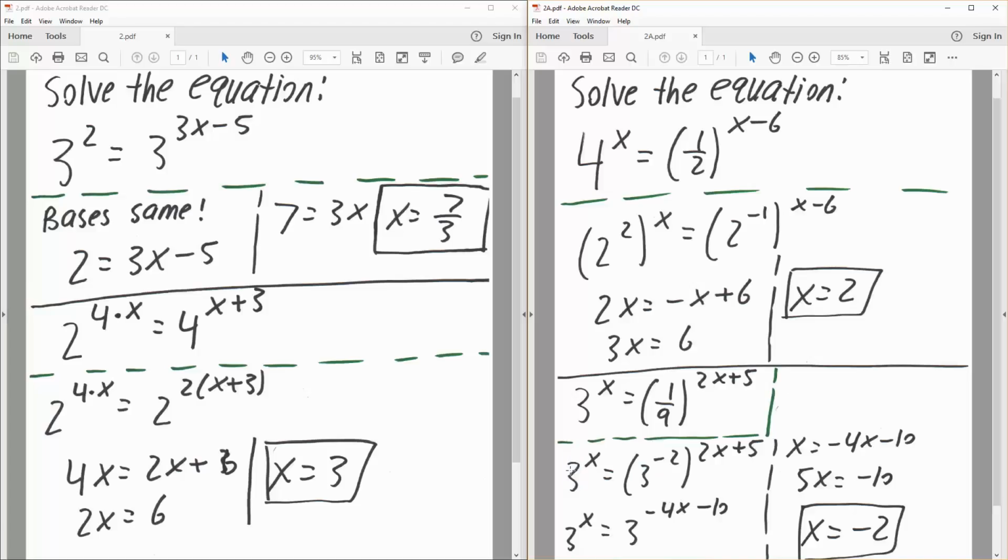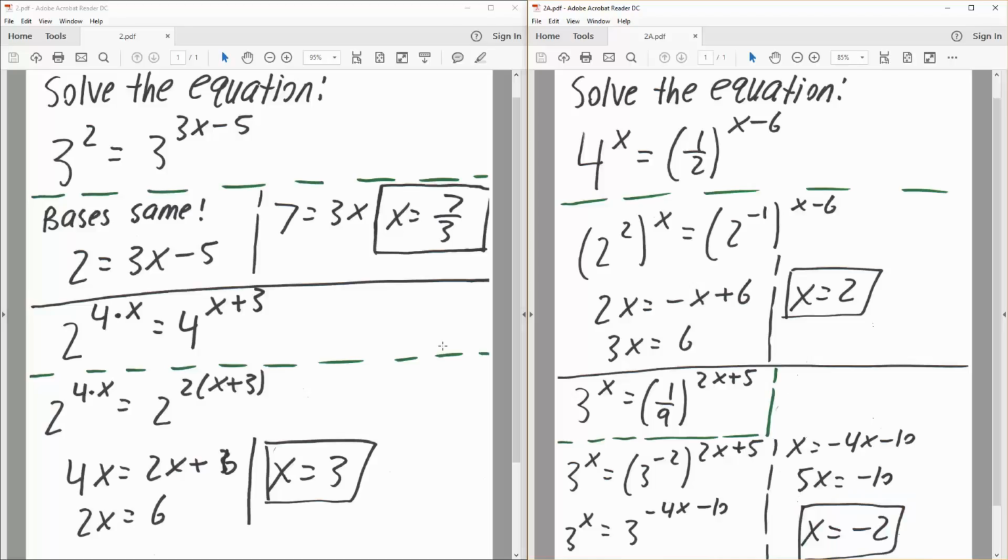So we could say x is equal to negative 2 times 2x, which is negative 4x, and negative 2 times 5 is negative 10. Therefore, x is equal to negative 4x minus 10, plus 4x, plus 4x. 5x is equal to minus 10. Therefore, x is equal to minus 2.